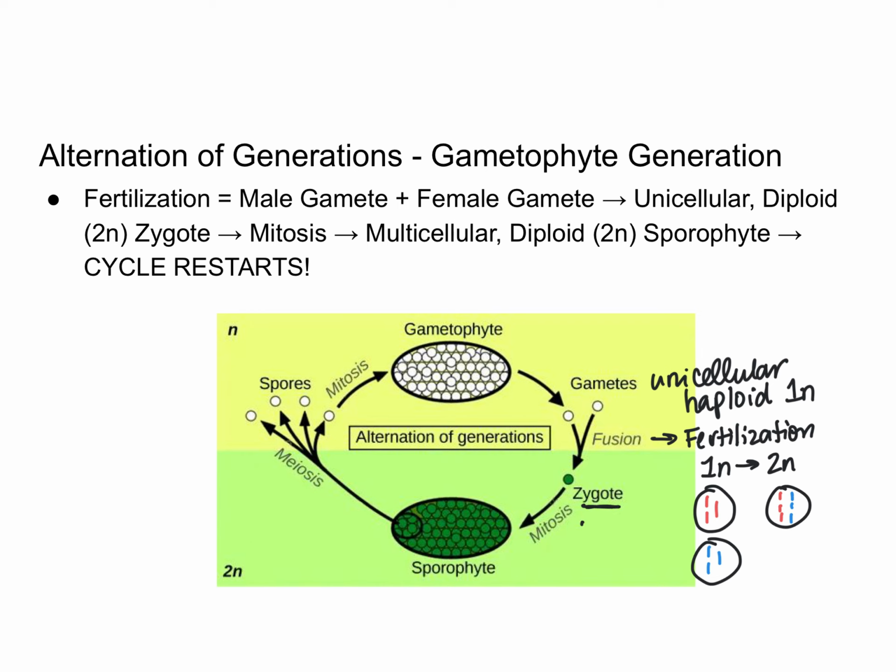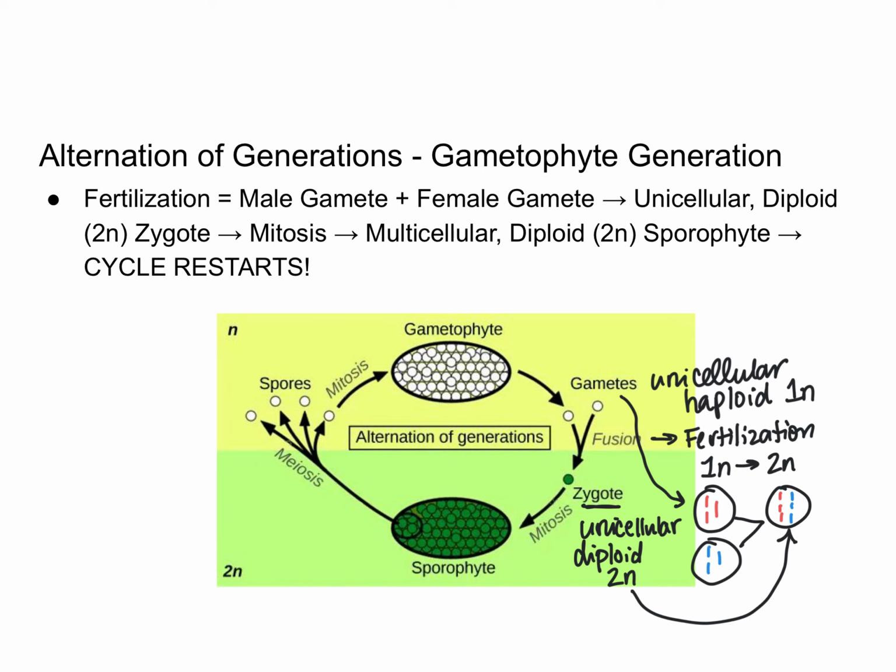And the zygote is unicellular, but it is now diploid. And that would be showing this right here, whereas the gametes we're showing right here. So these gametes fuse together in order to form the zygote.